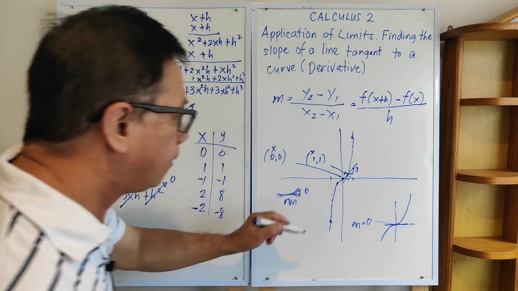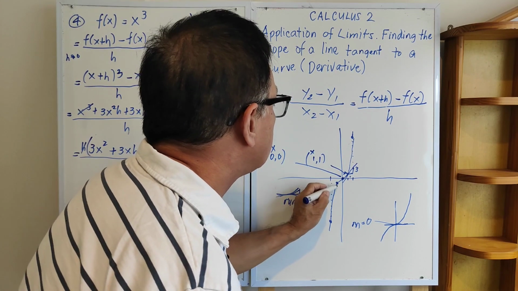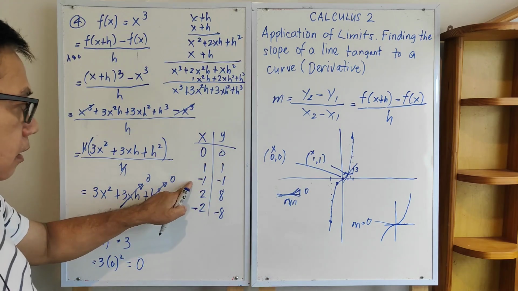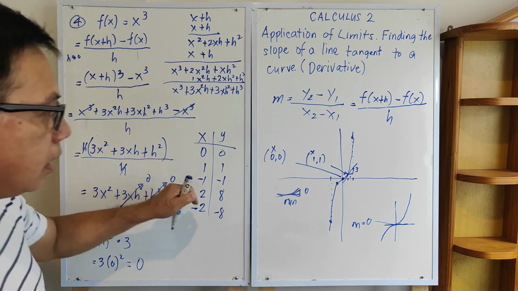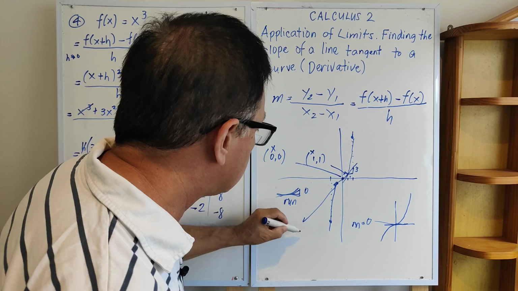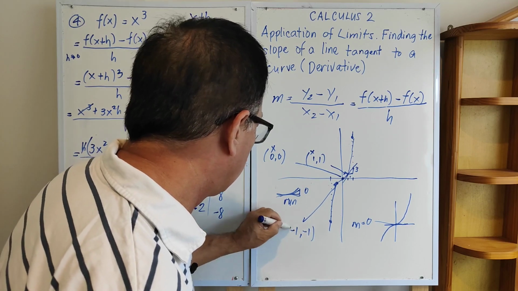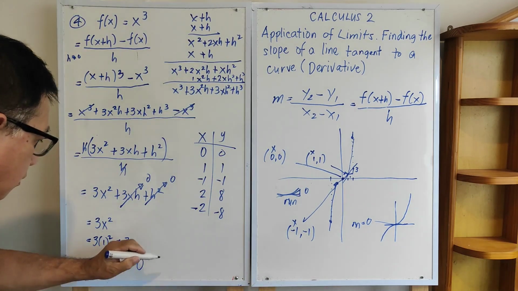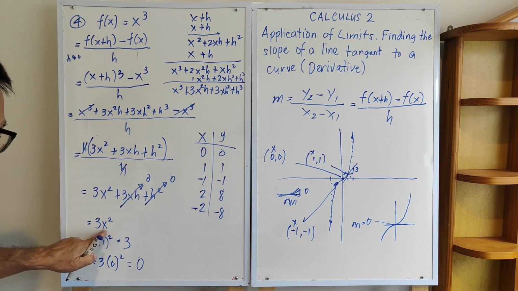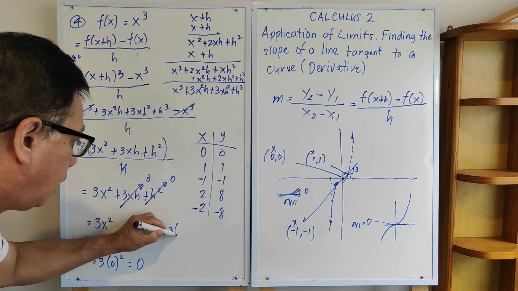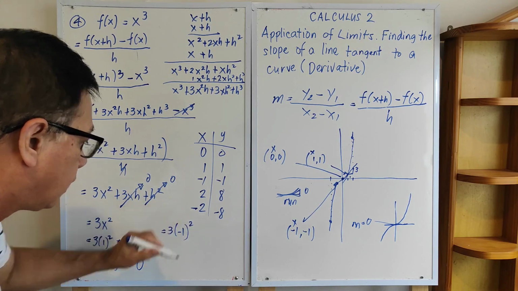Let's get this value. This is 1. This point is negative 1, negative 1. So this is your x. So we substitute negative 1 here. That will be 3 times negative 1 squared.